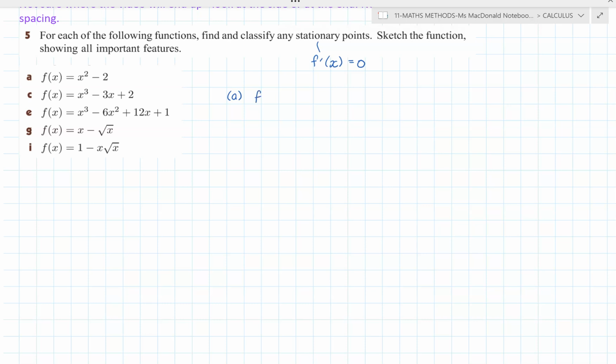We've got f of x equals x squared take 2, so therefore f dashed of x is 2x, and clearly the only time that that's going to equal 0 will be when x is 0. If you get into a routine about how we write these, it just becomes second nature.